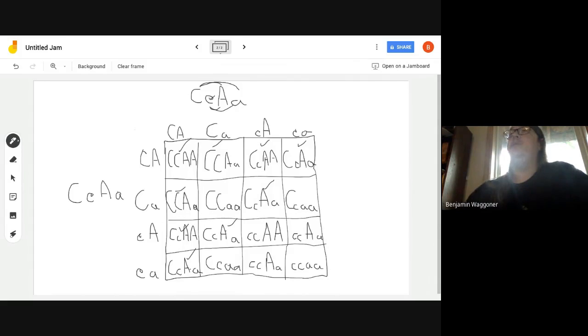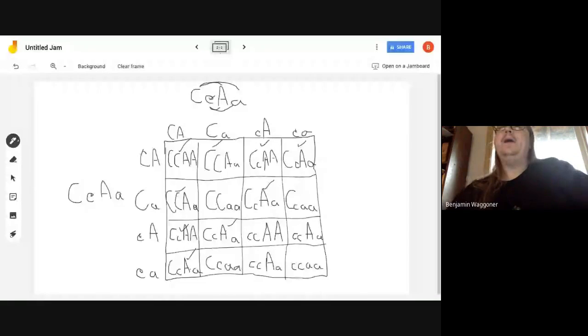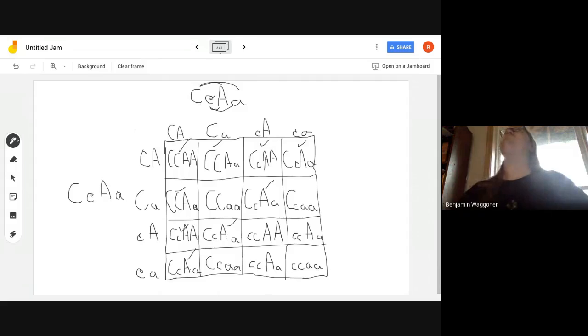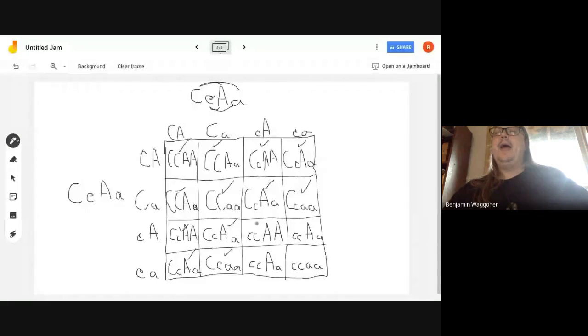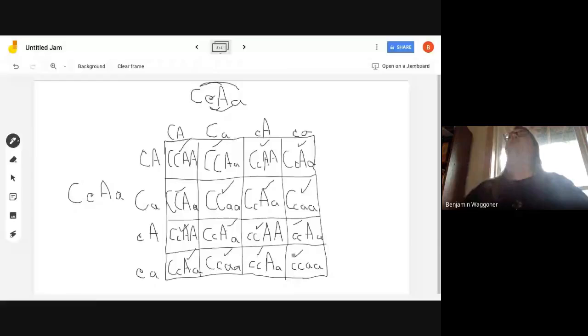That's a little bit more than half, what, 56%. And 3 of the mice are going to have solid fur, 3 out of 16, which is what, 19%, I think. So that one, and that one are going to have solid color fur. And then these 4 down here in the lower corner, those 4 are going to have white colored fur.